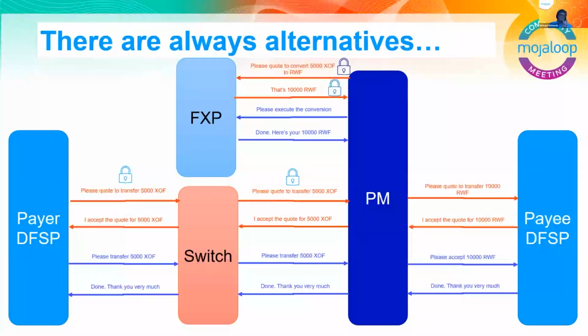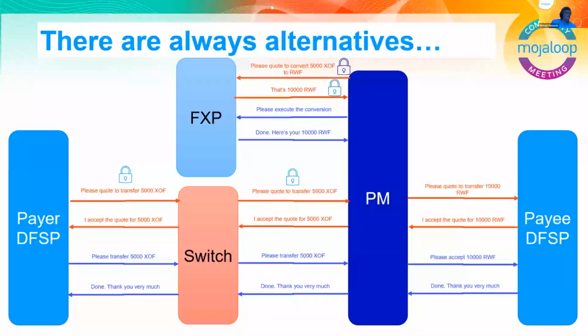And the FXP is apparently hosted at the switch hub, but is somewhat independent. It doesn't have to be, it could be anywhere. No, absolutely, yes. Sorry, it's just there because it fits in being above the switch. But you're right, I should probably have moved it across so it didn't seem like an extension of the switch.